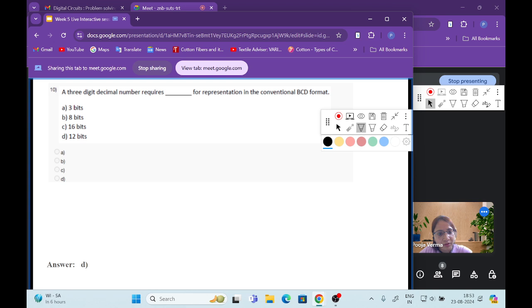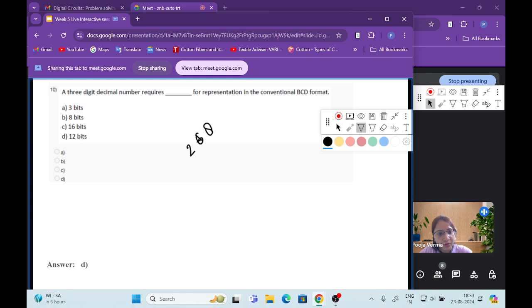The next question is, how many bits does a 3-digit decimal number require for representation in the conventional BCD format? Let's take any 3-digit number, say 2 6 8.